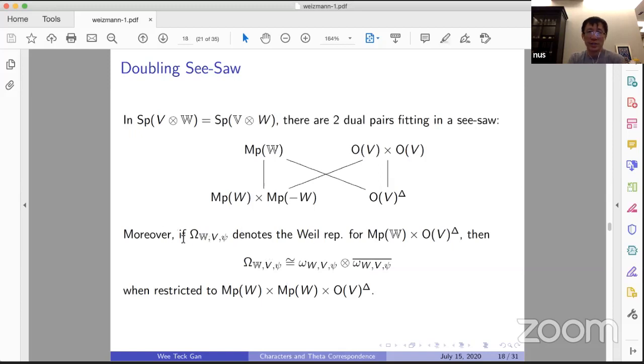It has a Weyl representation too, which I will call capital omega. Now, the left-hand side is a representation of these two groups. The right-hand side is a representation of these other groups. But the common part is the bottom row, so you can restrict both sides to the bottom row, and they are isomorphic.